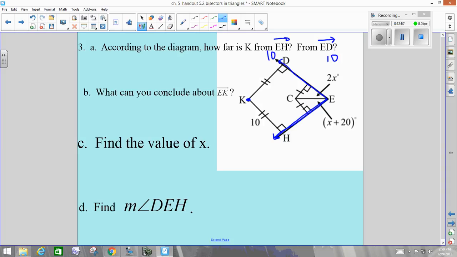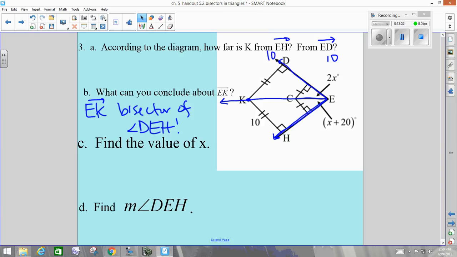Good. KH is congruent to KD, and if we said this is 10, then this one has to be 10. So, since K is equidistant to both sides of the ray, what can you conclude about ray EK? Good. EK is a bisector of angle DEH.